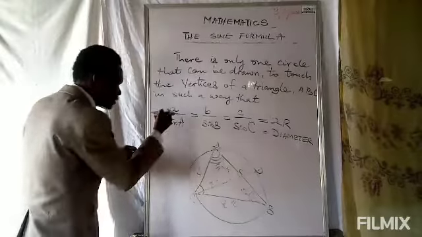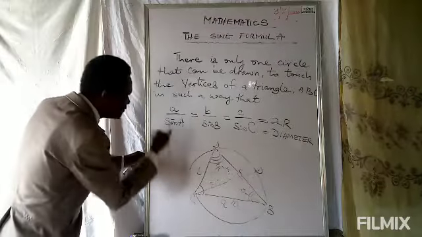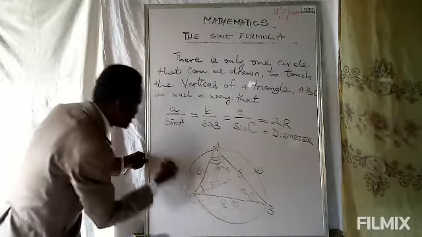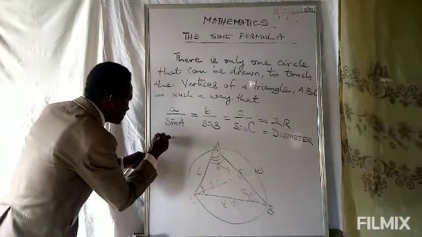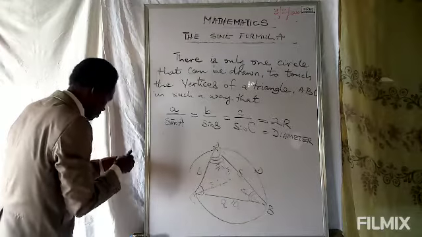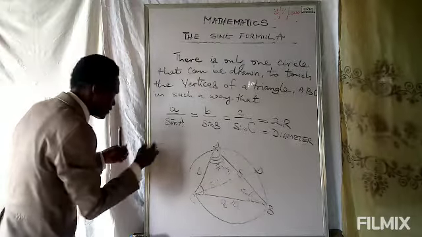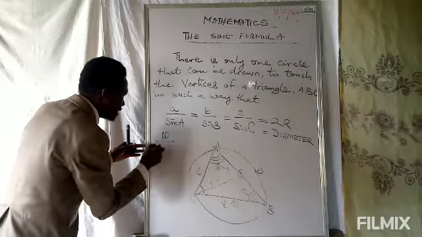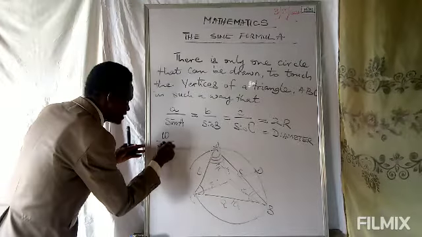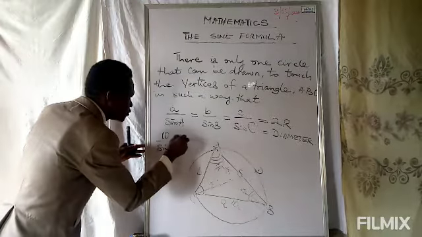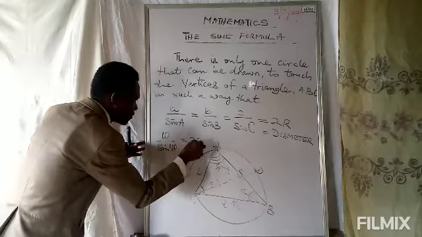So use this one. Therefore, if a is 10 centimeter, 10 over sine 40 degrees is equal to 2R.